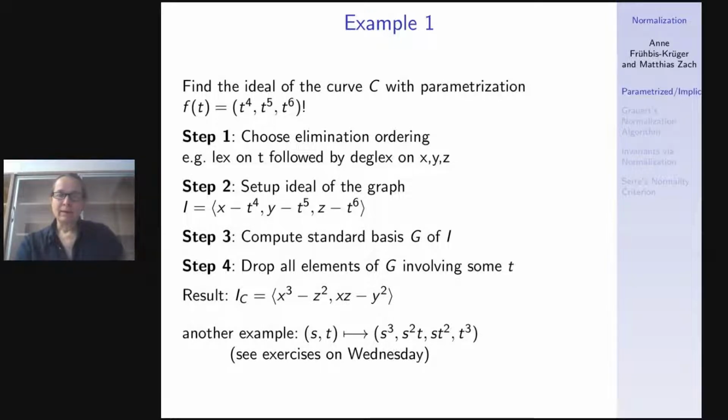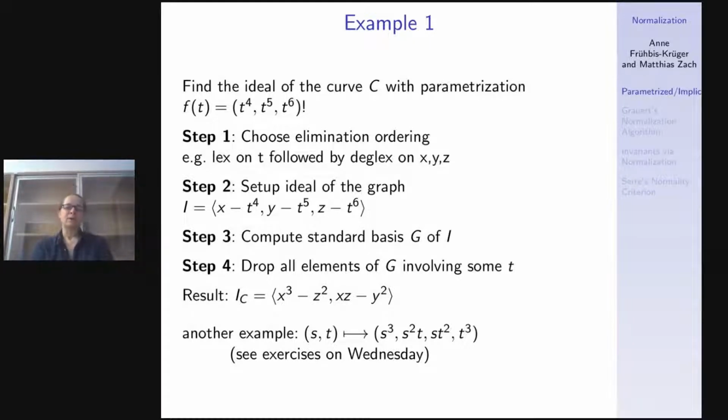Now we write down the ideal of the graph of that parameterization map. We have x minus t to the 4, y minus t to the 5, z minus t to the 6, like you would write it down. But for the computer, the powers in t are the leading monomials when the standard basis is now computed. We get a standard basis with several elements, not just 3.